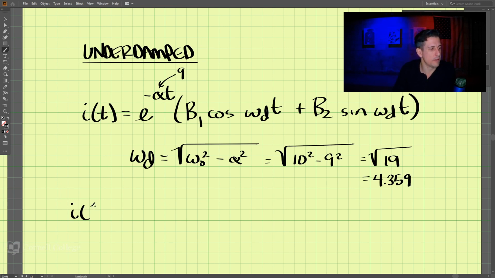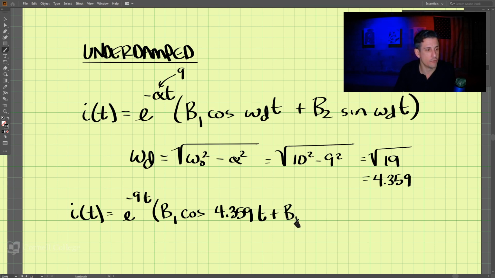So here we place in our values. We have e to the negative 9t times b1 cosine 4.359 times t plus b2 sine 4.359t.